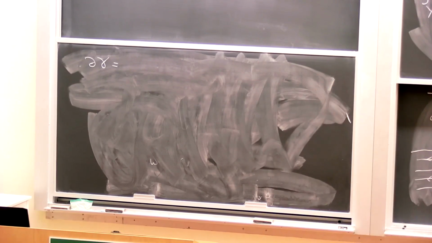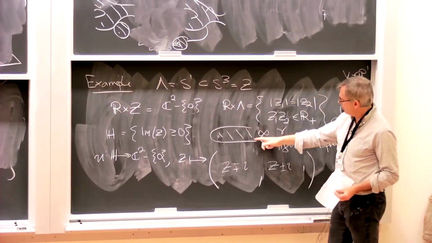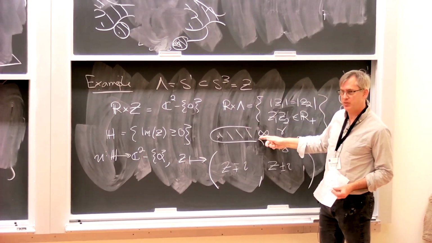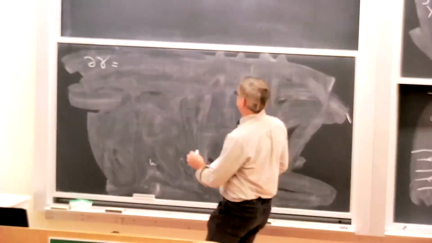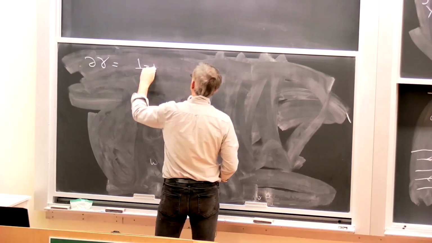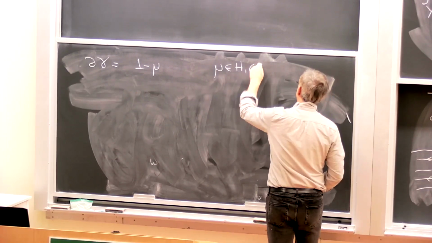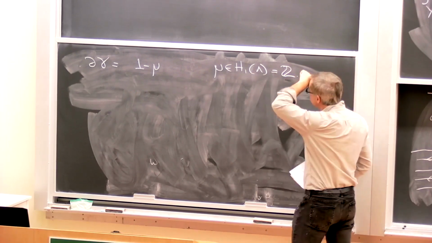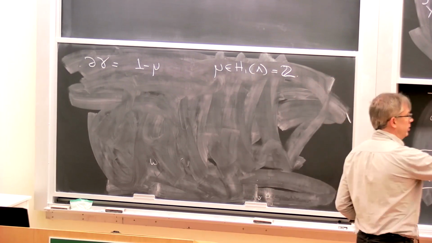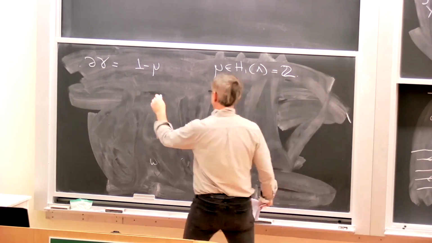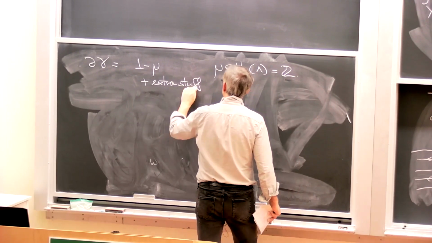And in order to do the computation correctly, you have to make this choice of capping path here. So you have to decide how to close this up into a loop. And you also have to make a choice of spin structure. With the standard choice, you get something like this, where this is the generator of H1 of lambda, which is Z. Okay. So that would be the version where you don't consider this extra stuff coming from trees.